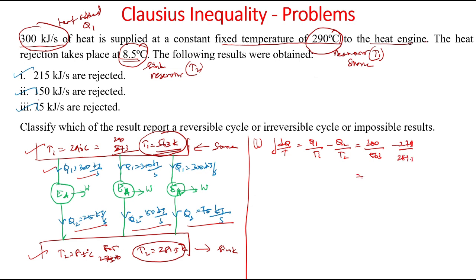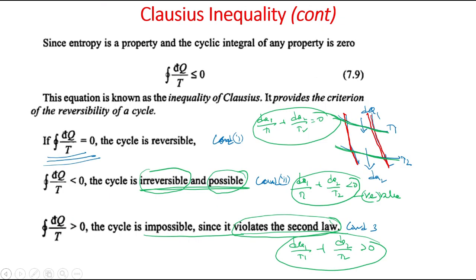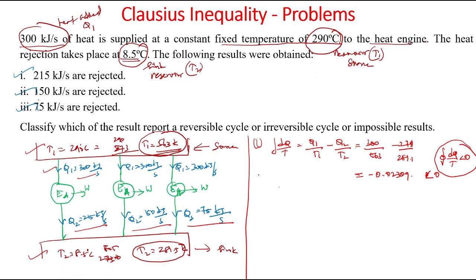Finally, we are getting a value equal to minus 0.02309. This value is less than 0. So the cyclic integral of dQ by T is less than 0, and the cycle is irreversible and possible.